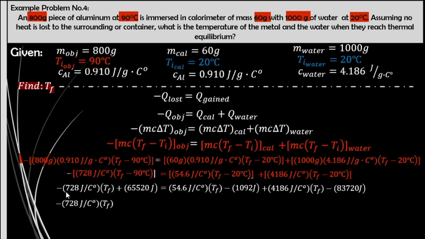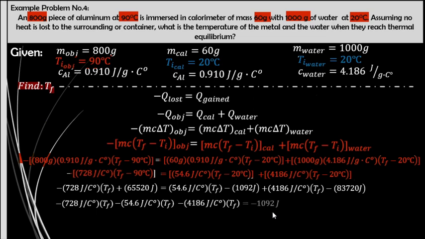And those are negative 728 joule per Celsius degree times T sub F minus, so this will become positive, negative, minus 54.6 joule per Celsius degree times T sub F minus 4,186 joule per Celsius degree times T sub F. All of the quantities without an unknown variable will be transposed to the right side of our equation.